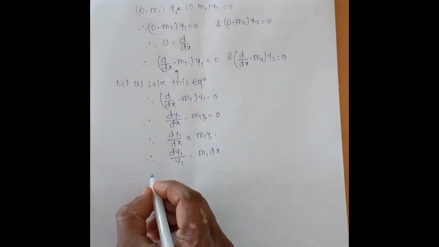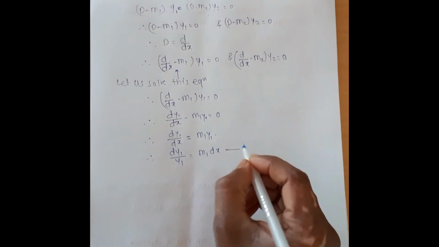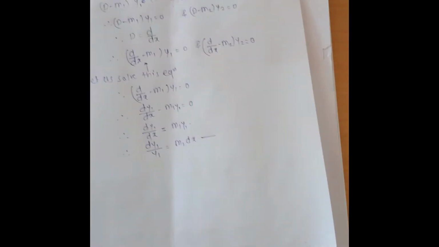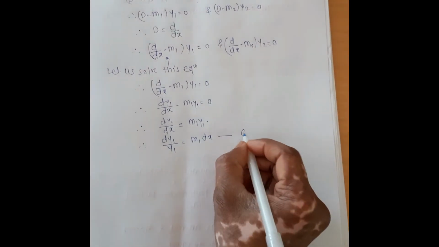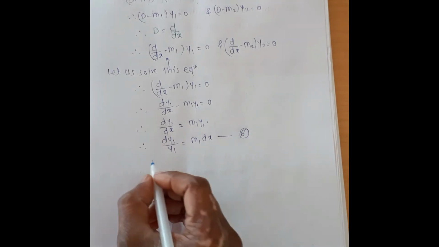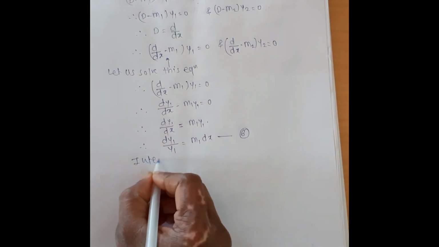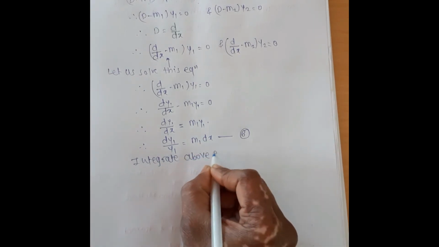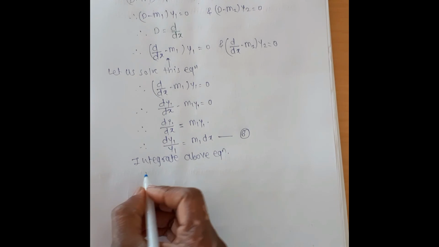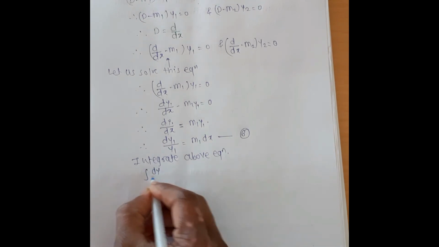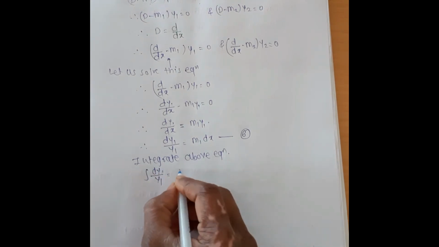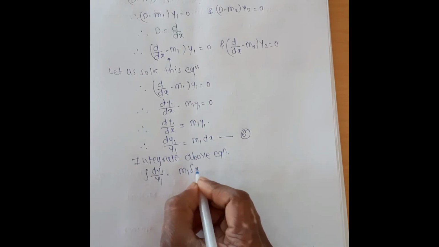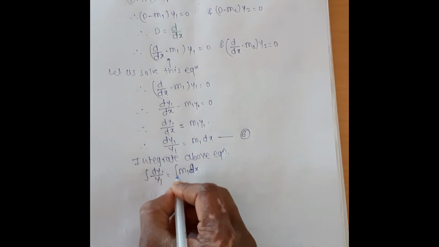After that we take the integration of this equation. Equation 5 is completed, and this equation number is equation 6. So integrate the above equation. Integral of dy1 upon y1 is equal to m1 dx, sorry, not delta x, that will be dx.